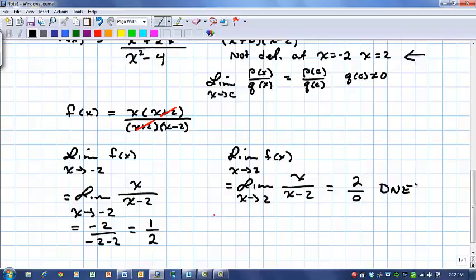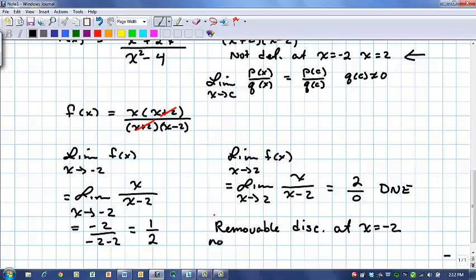So our final analysis is that this function has a removable discontinuity at x equals -2, because the limit does exist, so I can redefine the function to equal 1/2 at that point.